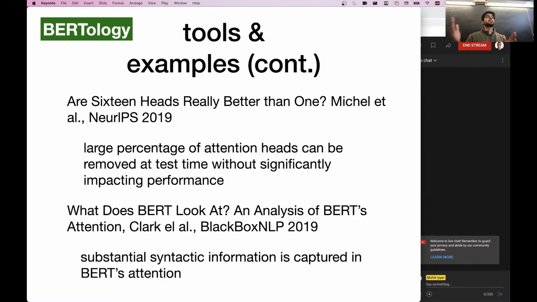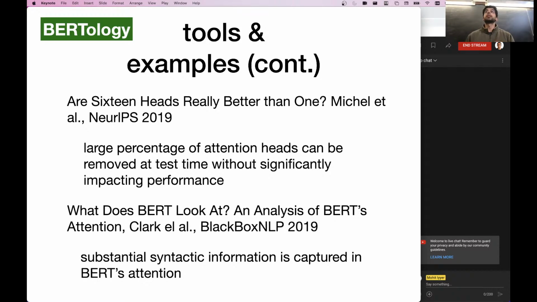They assign high probability to the same tokens in the input sequence. And so at test time, if you just remove some of them, you don't really lose that much performance on a couple different tasks, including machine translation. So this could be a good way to look at your trained model post hoc and prune it to make it smaller so that when you deploy it, it is cheaper.